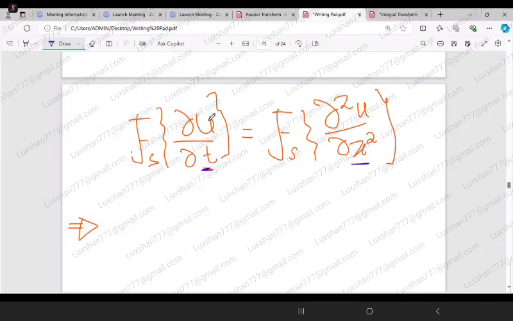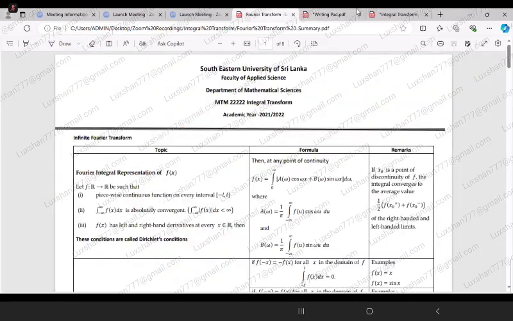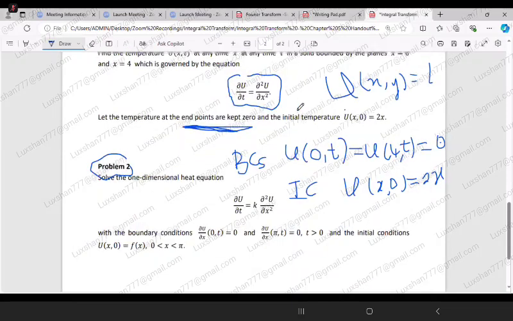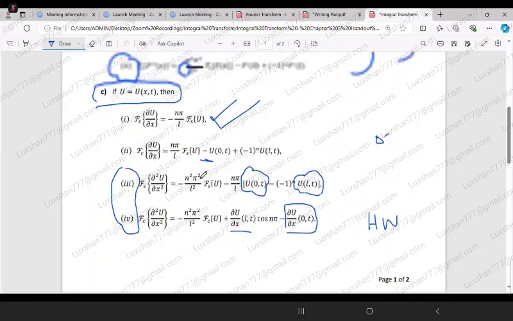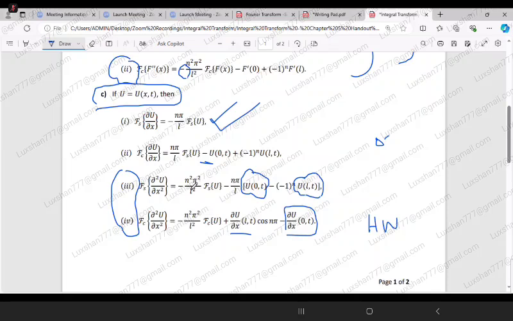So this is nothing but d ū/dt equal to, as we know, with respect to x, minus n²π²/L².